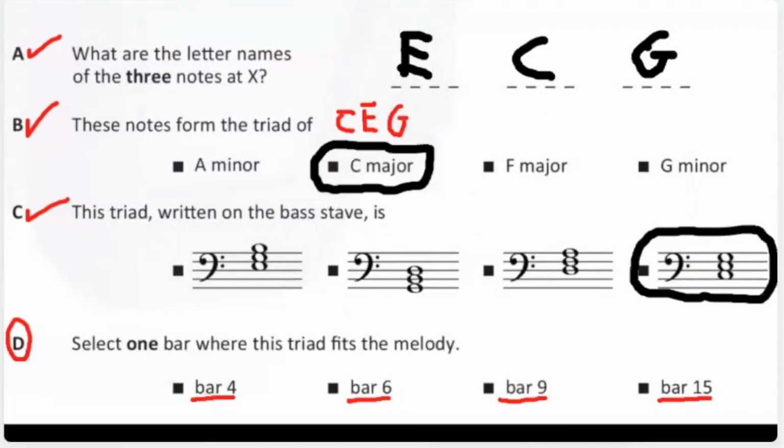We are now going to take a look at the music for each bar individually, starting with bar 4. We simply name the notes in bar 4, followed by bar 6, then bar 9 and finally bar 15.